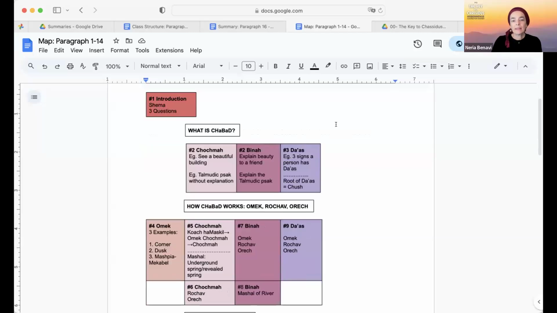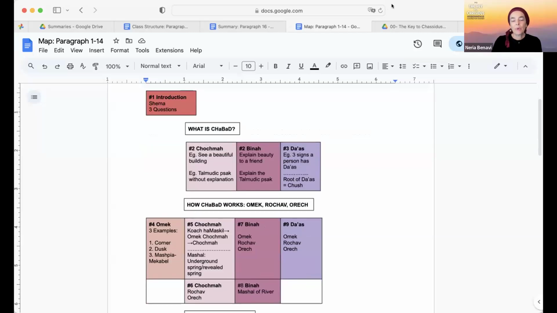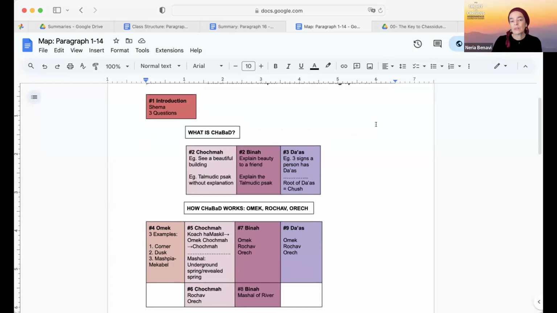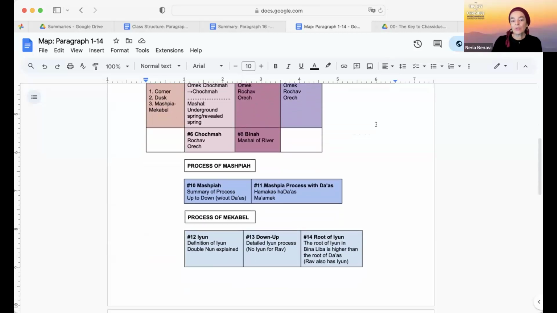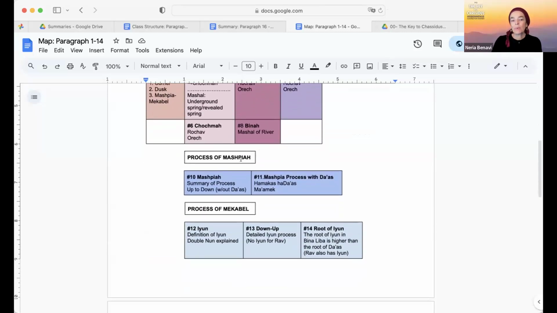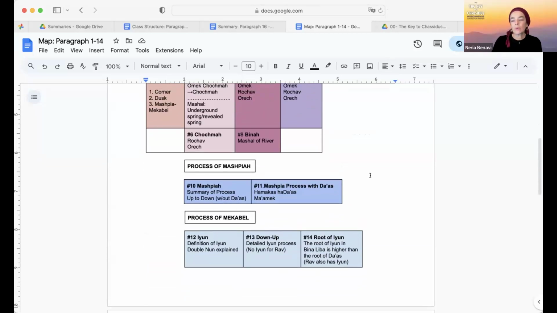And basically, we see that what Reb Hillel did was that he explained to us what is Chochmah, Bina, and Das, in order to explain to us the process of the Mashpia and the process of the Makabel. So all of those details and all of those mashalim and everything that we learned was really where did it land?